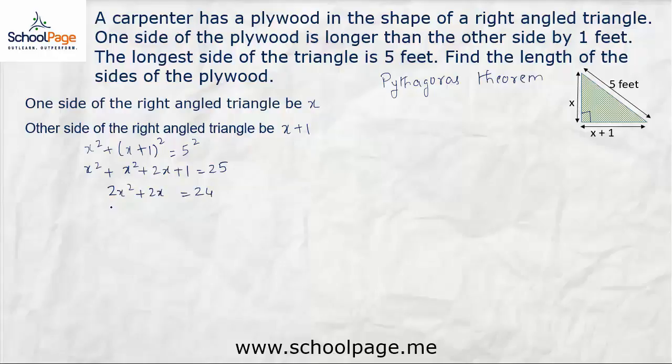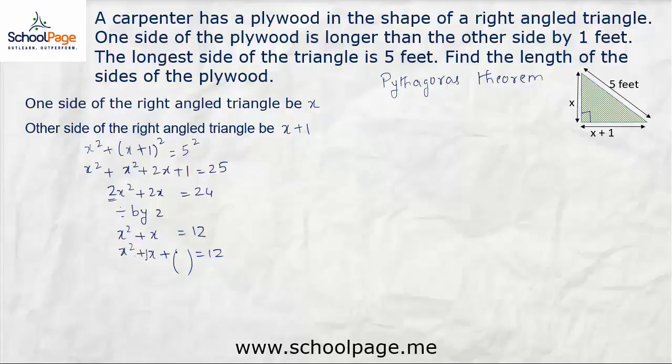Now we are going to solve this equation by completing the square. So the coefficient of x² has to be 1. So let us divide the equation throughout by 2 and we get x² + x = 12. Now the left side of the equation has to be made a perfect square. For that we have to add a term. To know what term to add, we have to look at the coefficient of x.